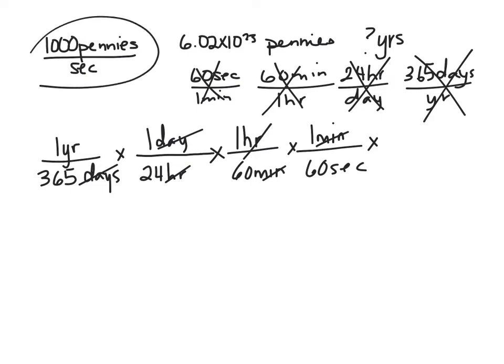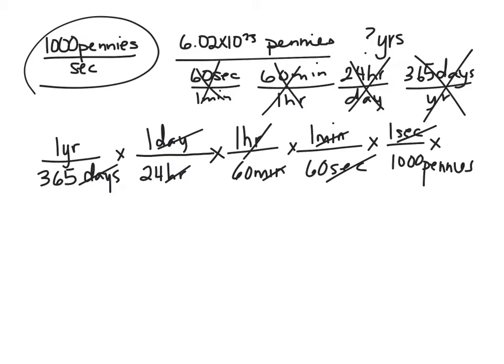And we have this ratio over here. So, 1 second goes on top, 1,000 pennies goes on the bottom. And then we have a mole of pennies. So pennies cancel. So setting up your ratios, you set them up as a multiplication.